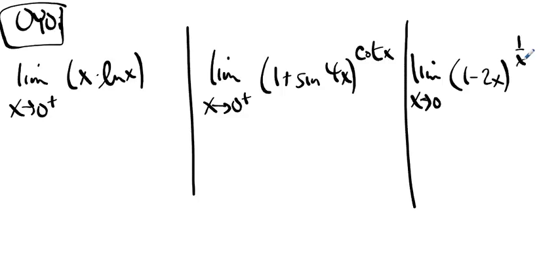So if you're curious, in numerical order, the 3 answers are 0, e to the minus 2, and e to the 4. Those are the answers in increasing order. The question is which of these matches up with which of those, and I'll let you consider that in the privacy of your own dorm room.